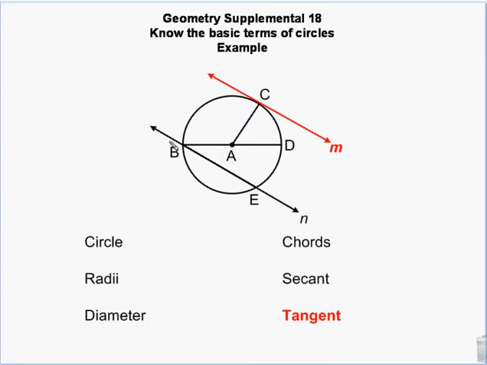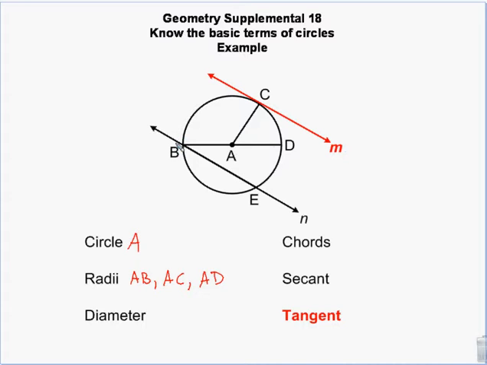Okay, circle. What are we going to call the circle? We name the circle by its center, so that's circle A. We have radii AB, AC, and AD.